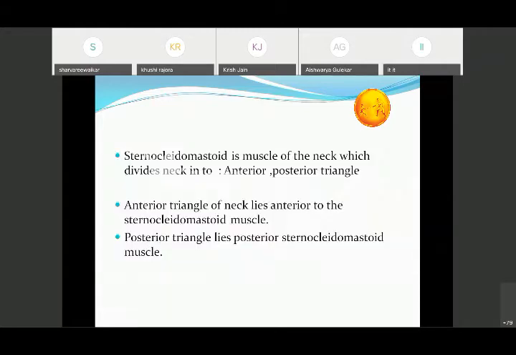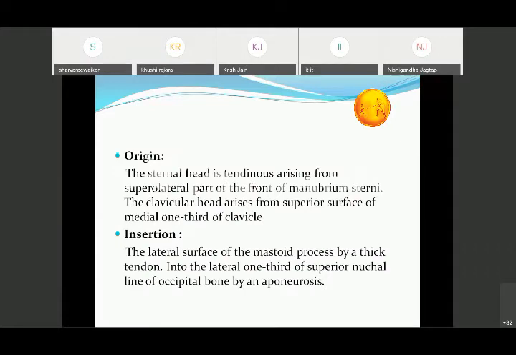So we see first the sternocleidomastoid muscle. It divides, as we have seen, the neck into anterior and posterior triangle. I am repeating the same: the anterior triangle lies anterior to the sternocleidomastoid, and the posterior triangle lies posterior to the sternocleidomastoid muscle. So what is the origin of this muscle?